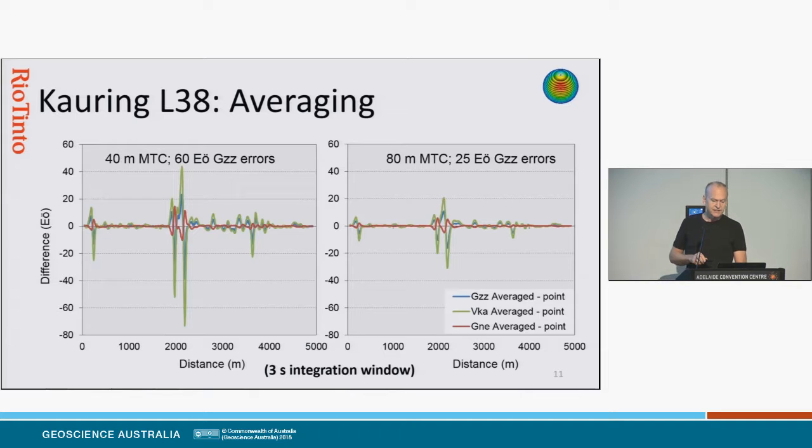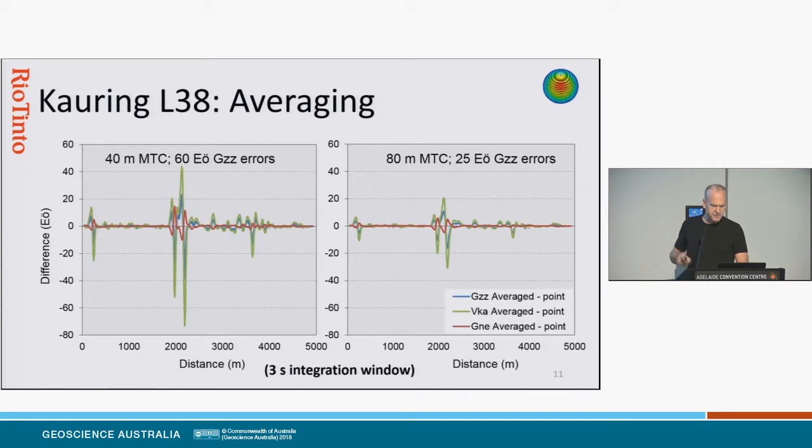So if we look at the point evaluation of the terrain correction and then compare it to what the instrument would actually measure as it flew along those drape surveys, integrating over 1 second intervals, then you can see at the 40-metre terrain clearance, you're getting differences between the point and the integrated samples of something like 60 Eötvös in GZZ, and also at the 80-metre clearance, you're still getting quite significant variations of 25 Eötvös.